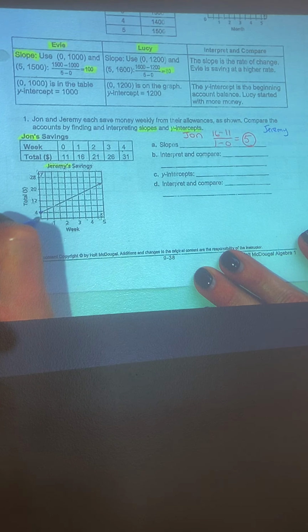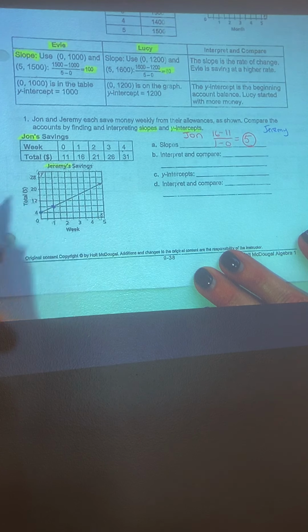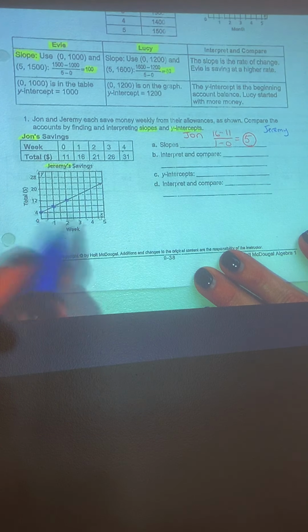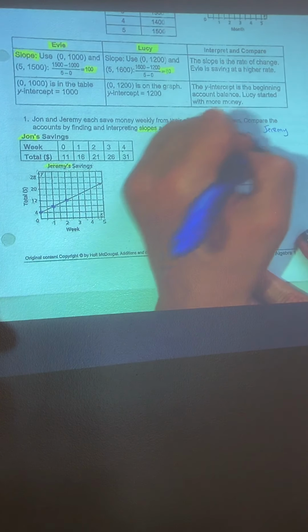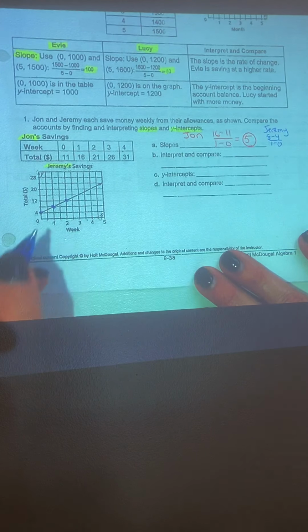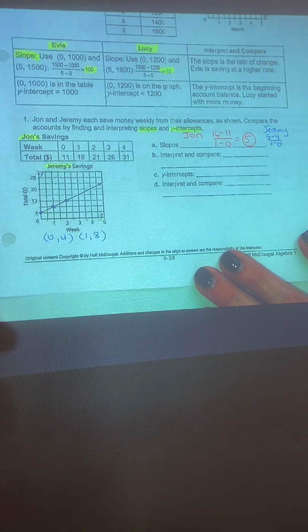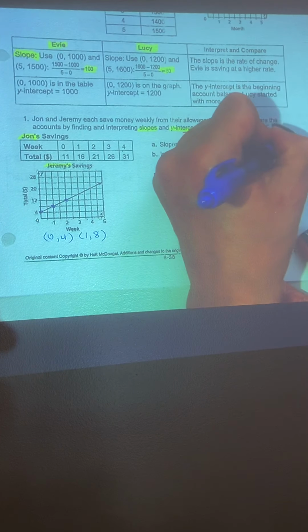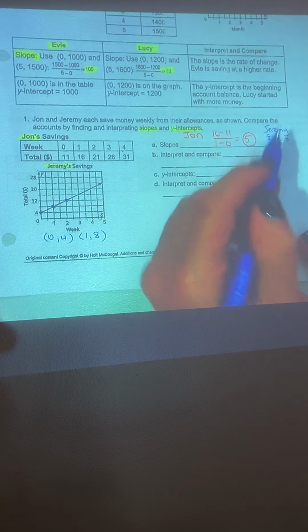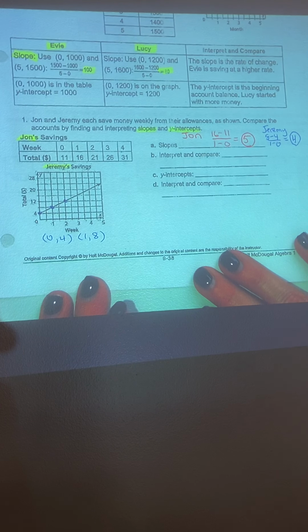You can use any of these ordered pairs. So Jeremy's will use 8 minus 4 over 1 minus 0. I'm using the ordered pairs 0, 4 and 1, 8 for Jeremy. So Jeremy's is 4. Can you see that?